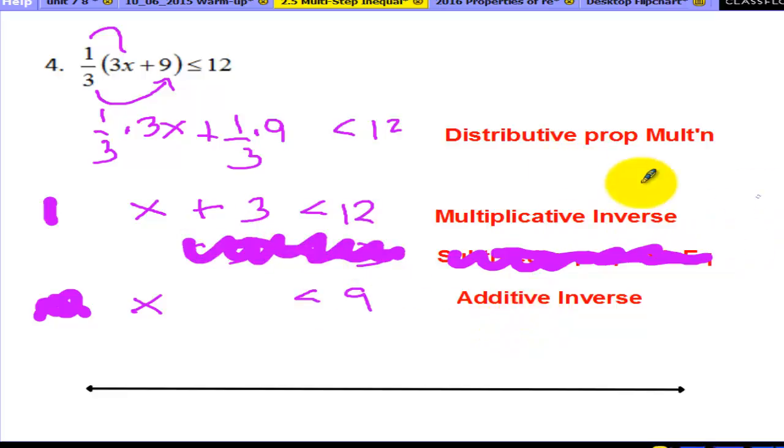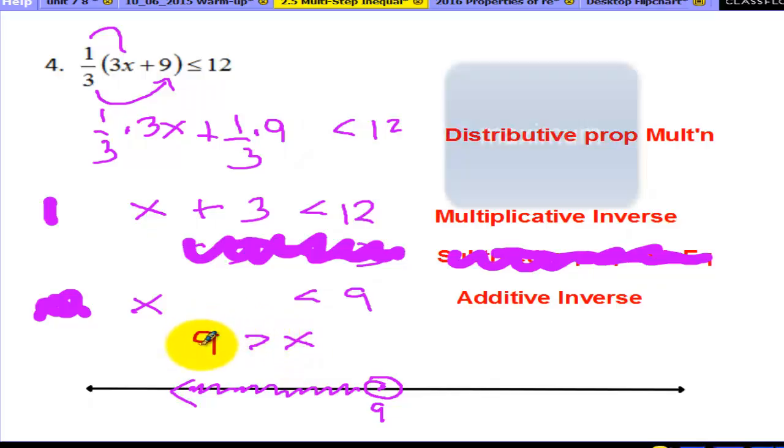So how are we going to graph the solution set? If this one is our 9, now this one has no line under, so it should be an open circle. It says x less than 9, so all numbers to the left of 9 should be shaded. So I'm going to shade this portion here. Now note that this is the same thing as 9 greater than x.